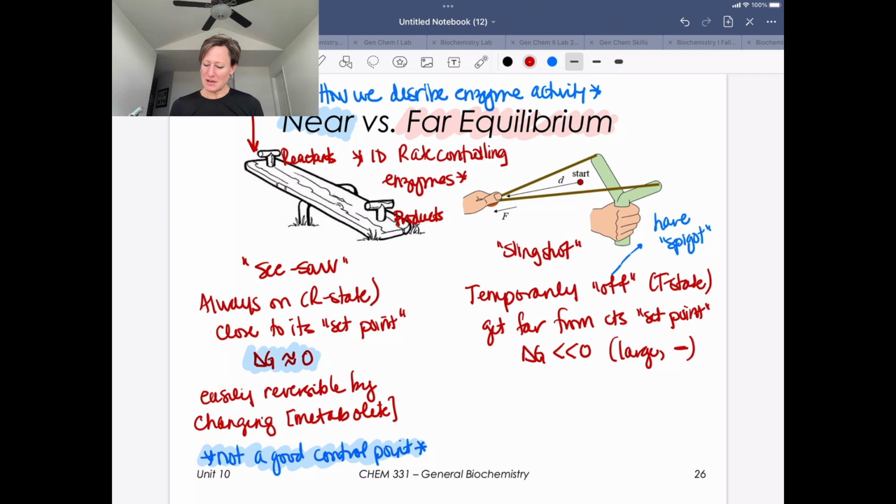And we can sort of think about this as a Q versus K comparison. Oh boy, all that Gen Chem stuff that Dr. Parenti brings back, right? Remember that Q represents where you are at, and K represents where you want to be. That's your set point.